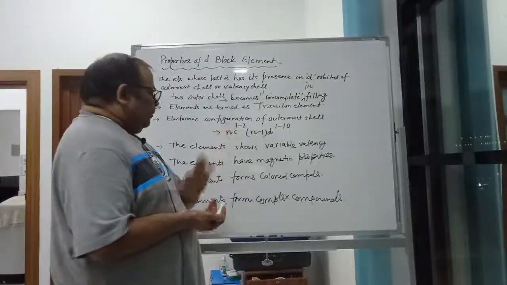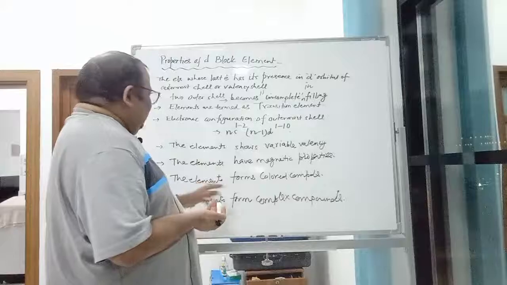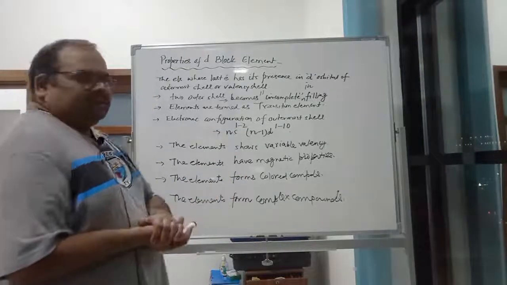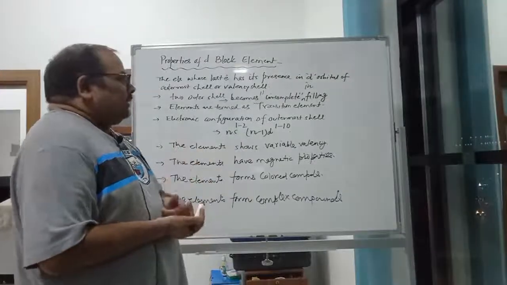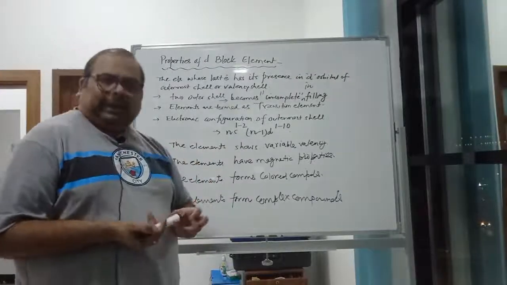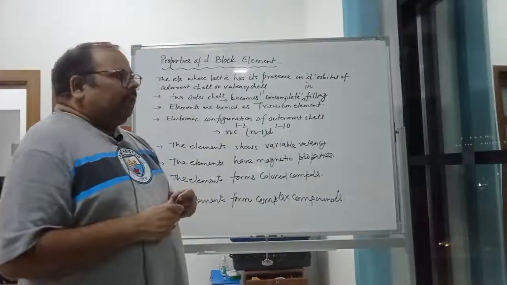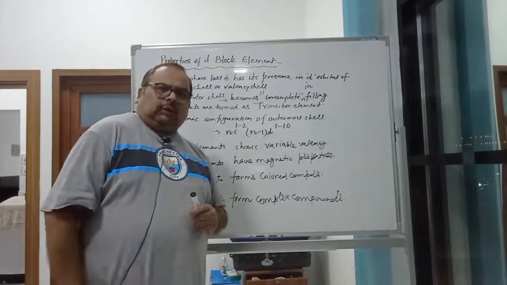The elements show variable valencies, have magnetic properties, form colored compounds and form complex compounds. So these are the peculiar properties of D block elements. If you find any element belonging to D block, these properties would be available in it.